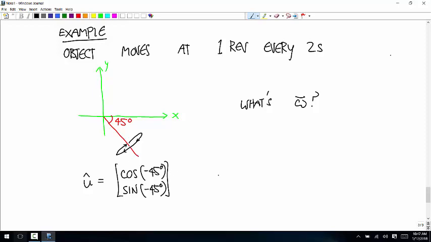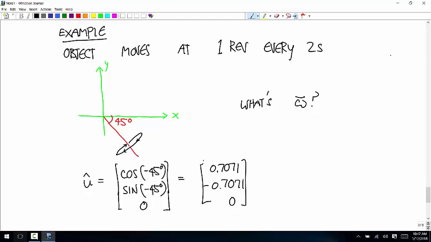That's the unit vector, and actually, these are pretty much always going to end up in 3D, so let's just put the 0 on there. X is positive 0.7071, Y is negative 0.7071, Z is 0.